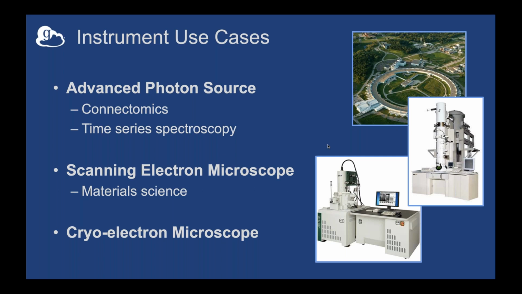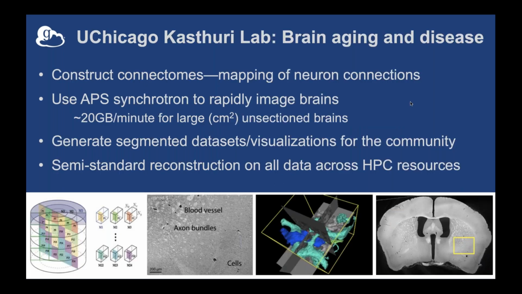I've already talked about the Advanced Photon Source. Other facilities, cryo-EM devices, scanning electron microscopes, etc., have similar use cases. So here's one example, Bobby Kasthuri at the University of Chicago. He has the ambition of being able to image centimeter cubed brains eventually.